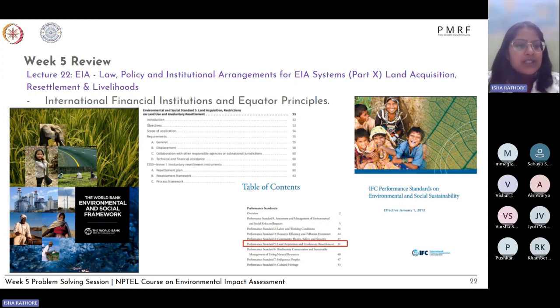We also had the World Bank Environmental and Social Framework, which looks at different instruments like the resettlement plan, the resettlement action plan, the settlement framework, the process framework, and all of those things.